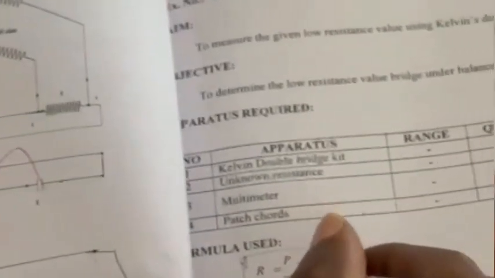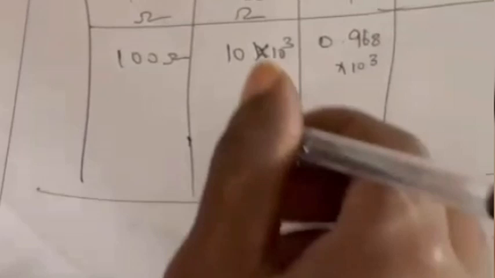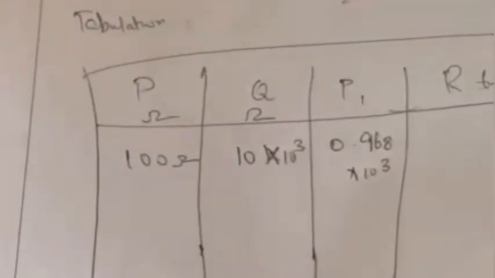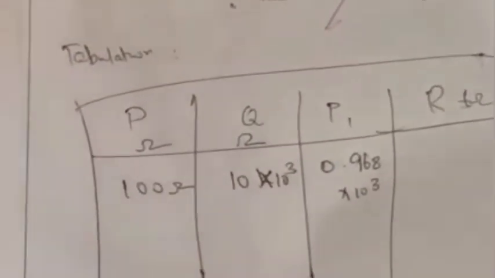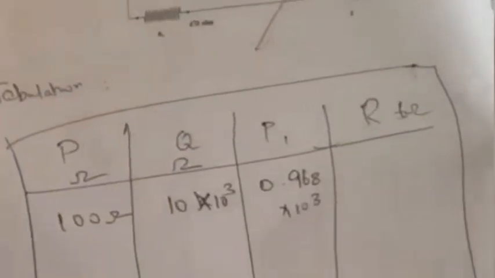By using this formula, R is equal to P by Q into P1, we can calculate the value of unknown resistance, which is R is equal to P is 100 and Q as 10 into 10 power 3 into 0.968 into 10 power 3. So this 10 power 3 will be cancelled. So the value would be 9.68 ohm, which is approximately a 10 ohm resistance.